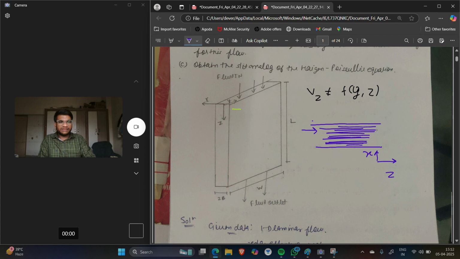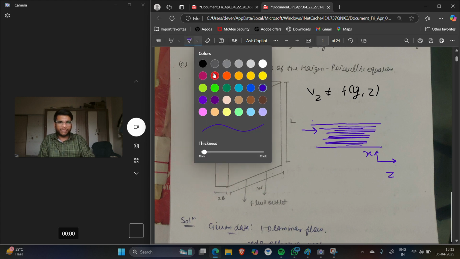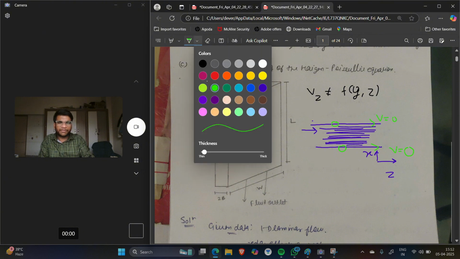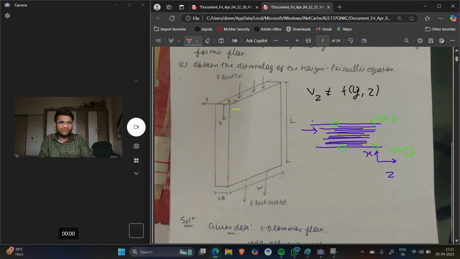But see, these walls have zero velocity. This wall has velocity zero, and the velocity of this wall is also zero.